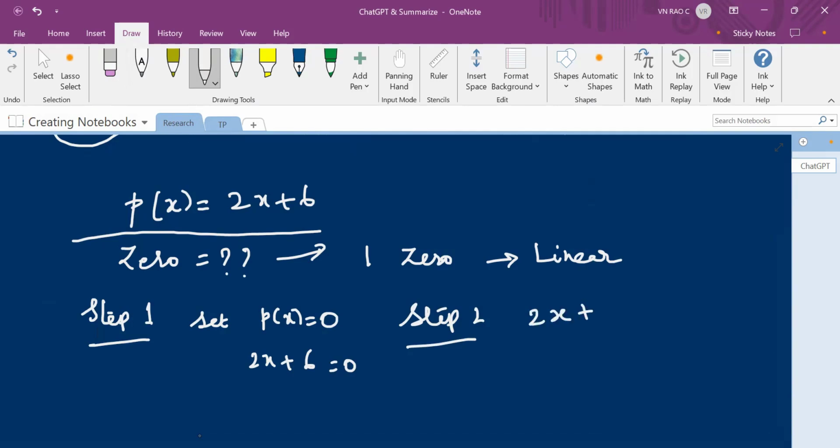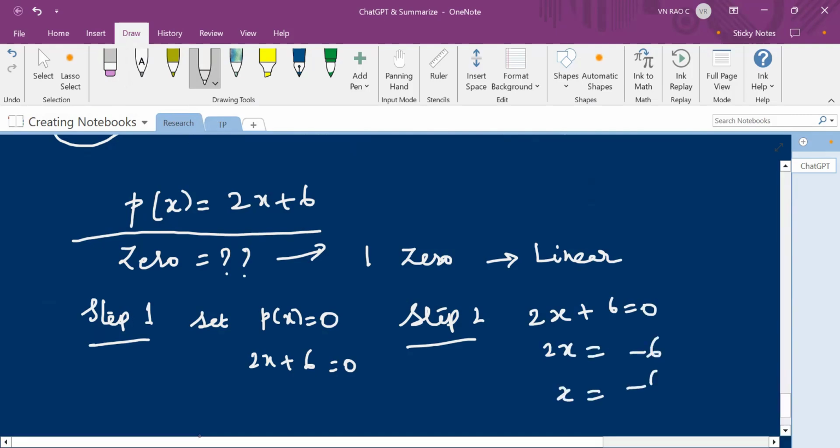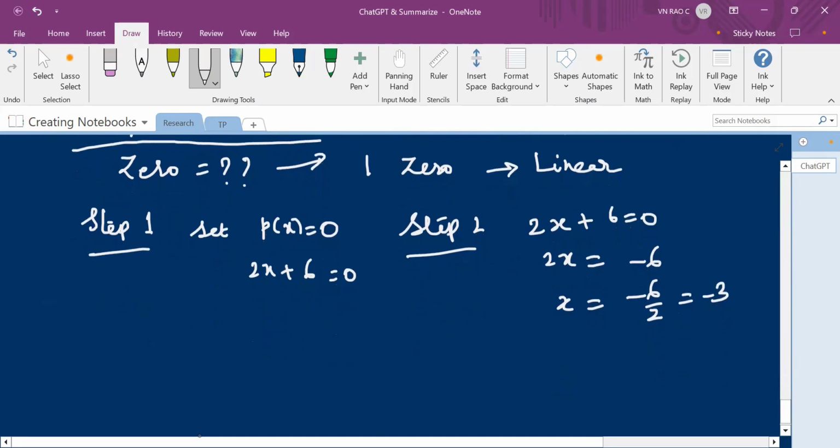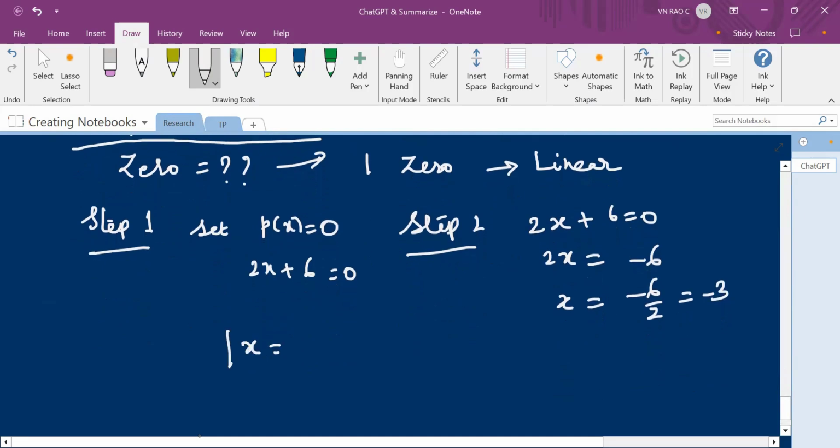So 2x plus 6 is equal to 0, 2x is equal to minus 6, x is equal to minus 6 by 2. This becomes minus 3. So in two steps, I found my zero. The answer is x is equal to minus 3. This is how we understand what is the zero of a polynomial.